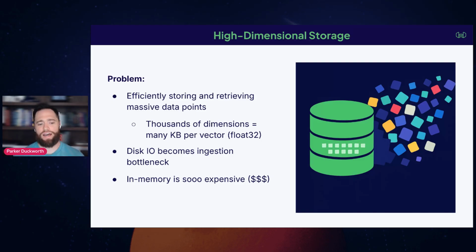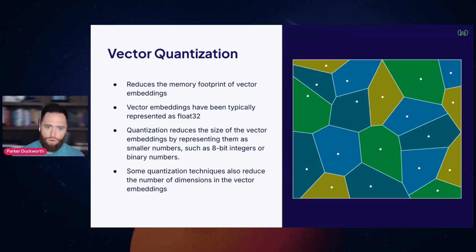So very quickly, we see that disk I/O becomes the bottleneck at ingestion. It's super expensive to hold even a trivial amount of objects in cache. So how do we address this situation? Well, we looked into leveraging vector quantization to do so. Vector quantization is basically just reducing the memory footprint of a given vector.